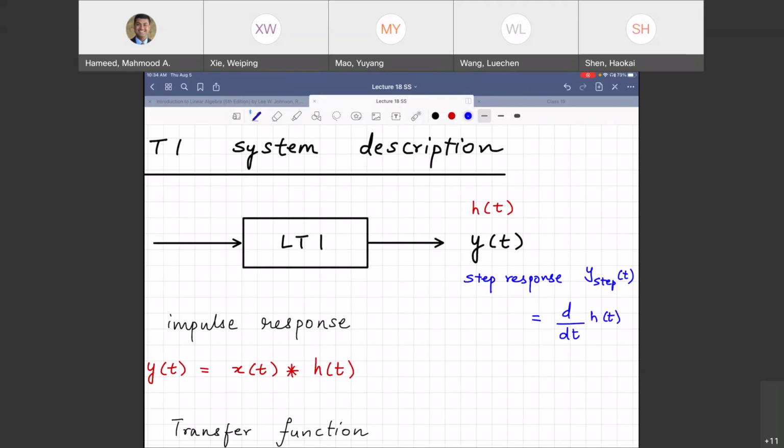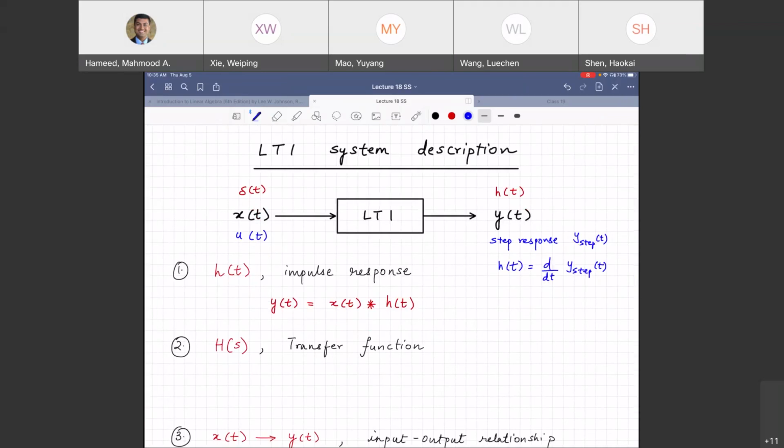No, it is the opposite. So instead of working with h of t, you could also work in unit step. Give it the unit step input, you get the step response, differentiate it, you get h of t. Using h of t, you can do the convolution with any arbitrary new input to find its output. So that's your second way of doing it.